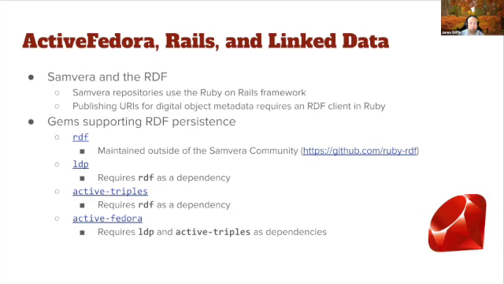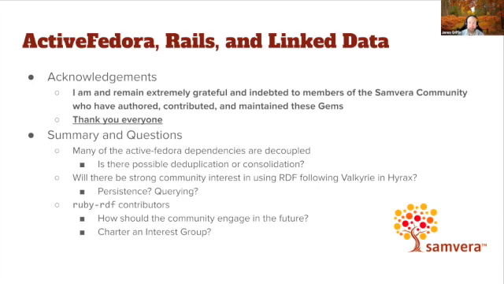Might it be more readily useful to try and maintain LDP and Active Triples within ActiveFedora? This is an approach that's seen within some of the Hydra core and Hydra head gems. So there have been successes in deduplication there, and perhaps consolidation is going to be helpful.